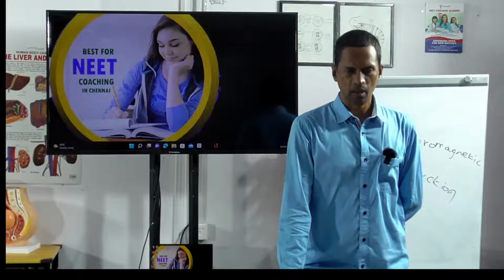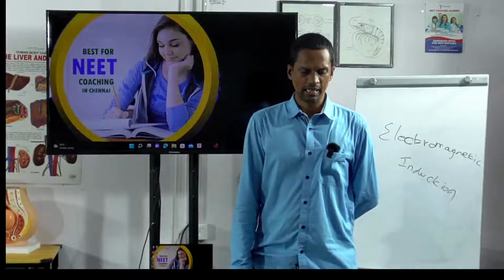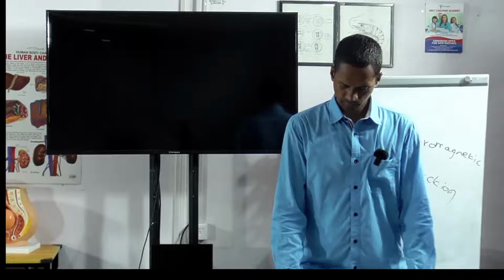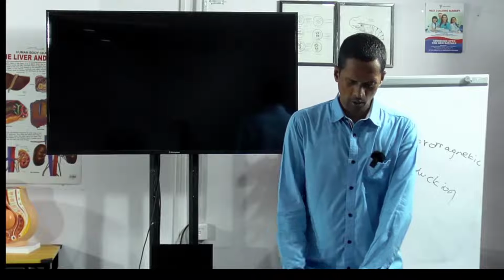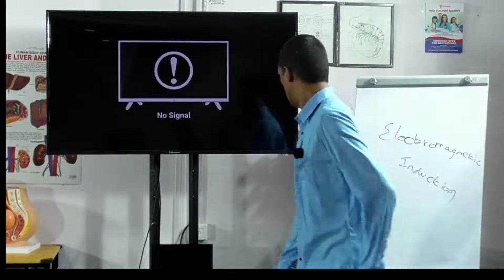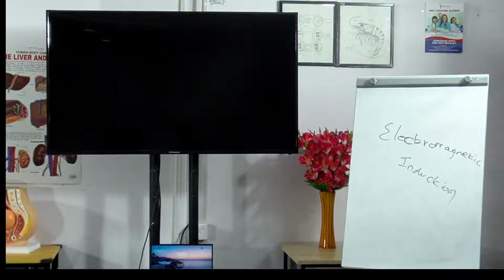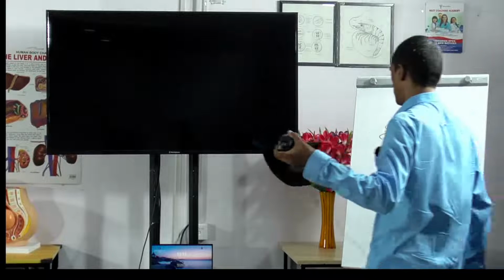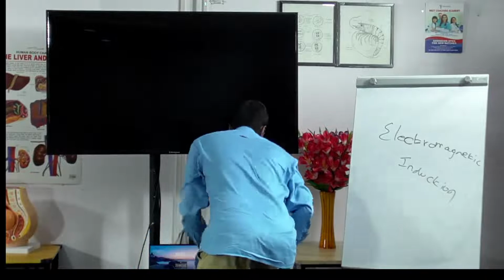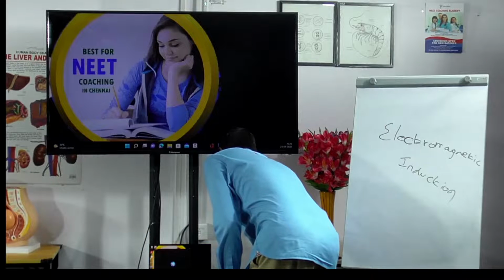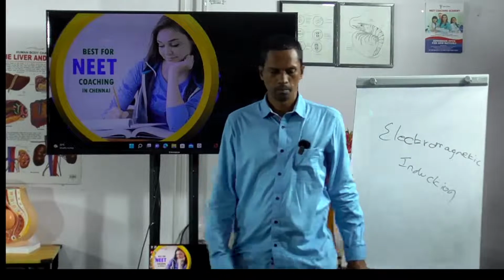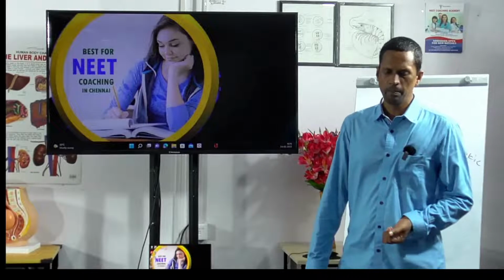So QVBL divided by Q gives E is equal to BLV.